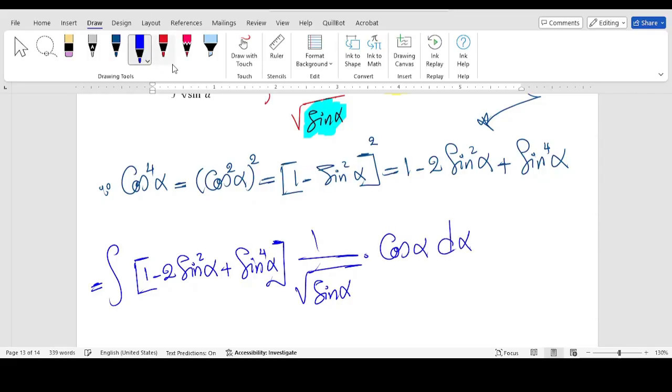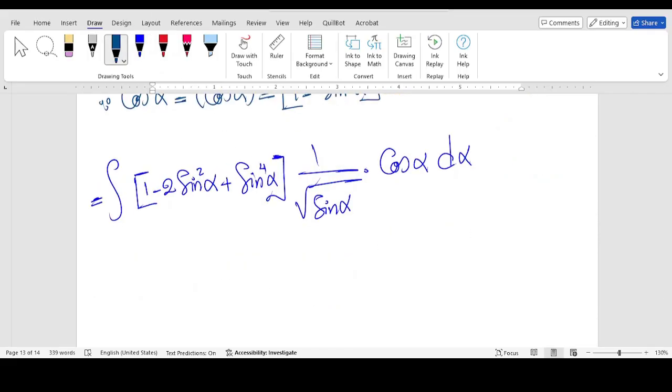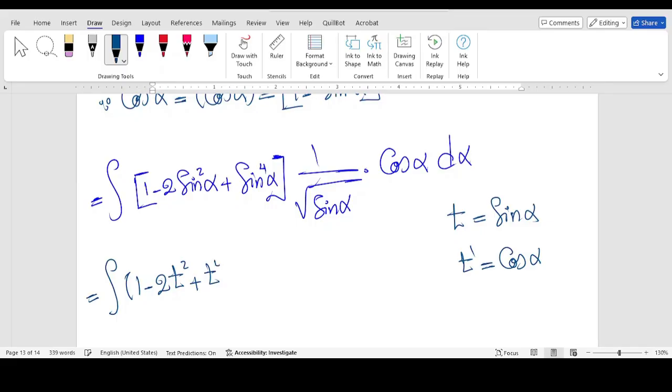Okay, now we have t and t dash. t equals sine alpha, t dash equals cosine alpha. So the integration will be the integration of 1 minus 2t squared plus t to the power 4, multiplied by t to the power negative half times t dash d alpha.